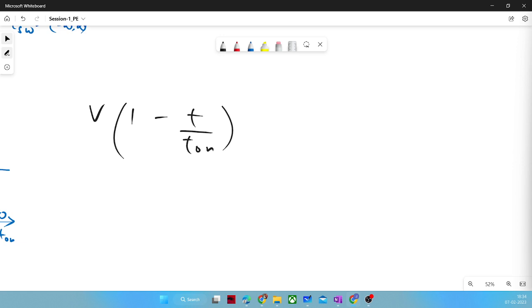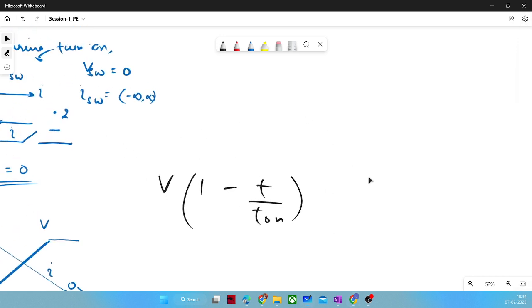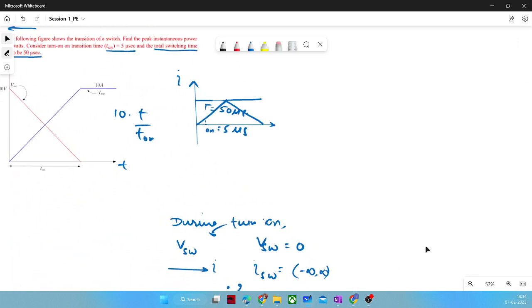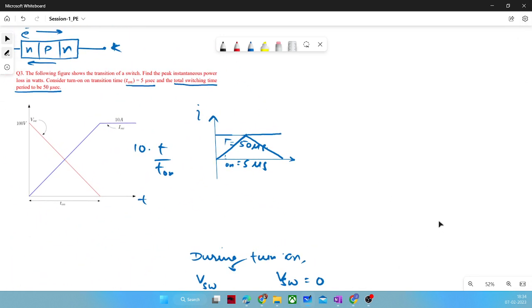This is not a complicated problem. If you have any complication in this problem, you can stop me in between and I will explain that again. I am just trying to solve it in different ways so that you get the approach. Basically, this problem asked you to find just the peak instantaneous power.